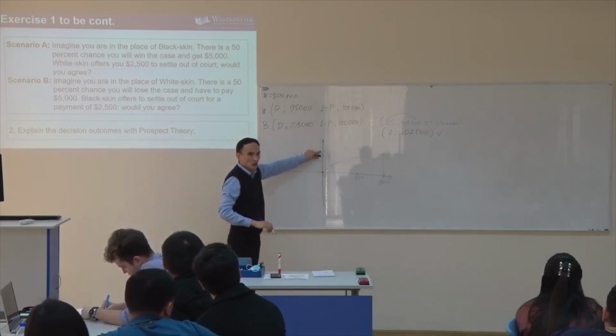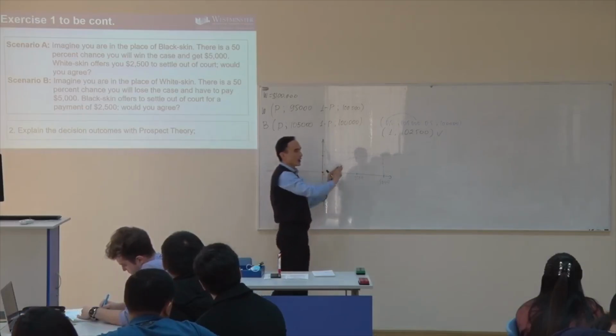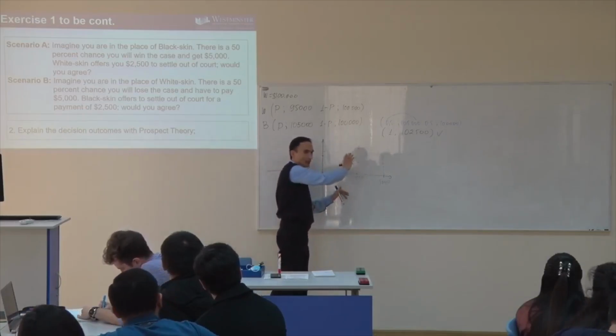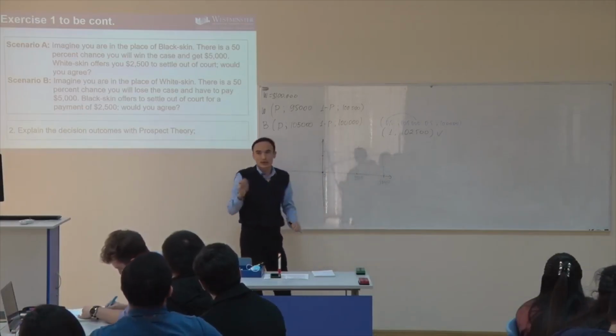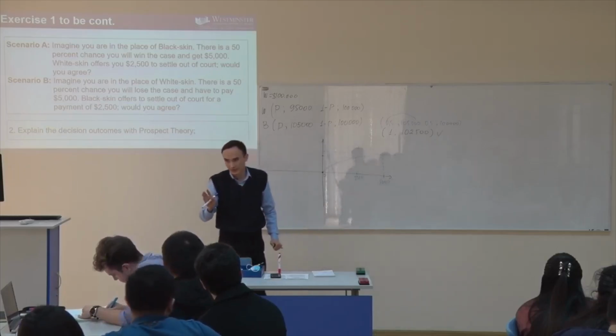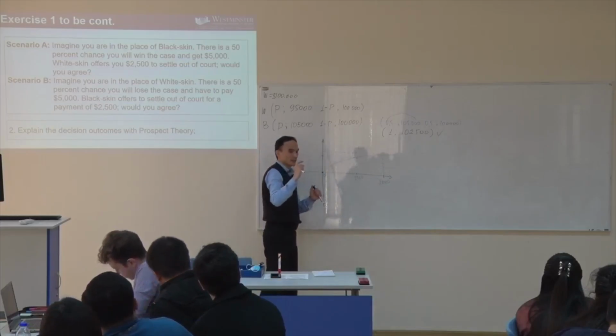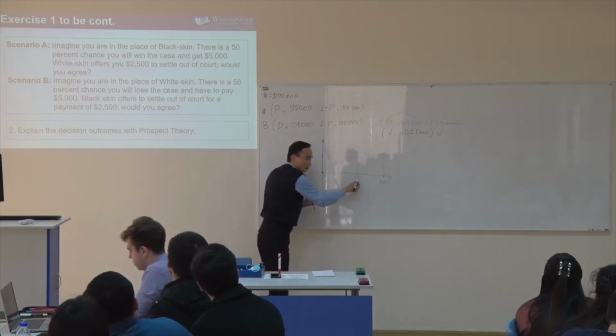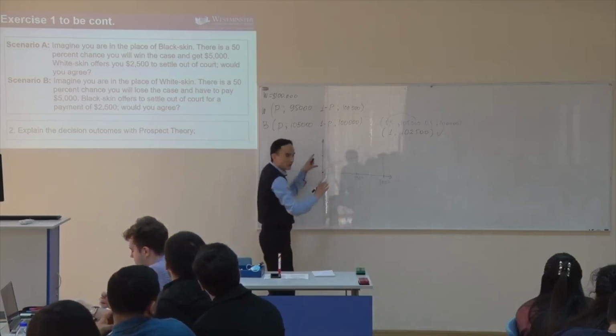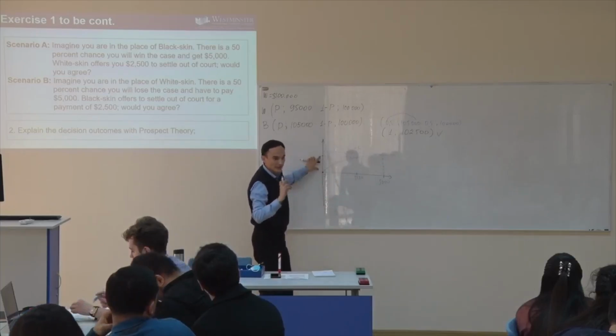No, right? So now, students, if people are on the gain side, usually they don't want to take risk. Why? Because additional gain gives only a little utility. But if she loses, that reduction will be very significant.